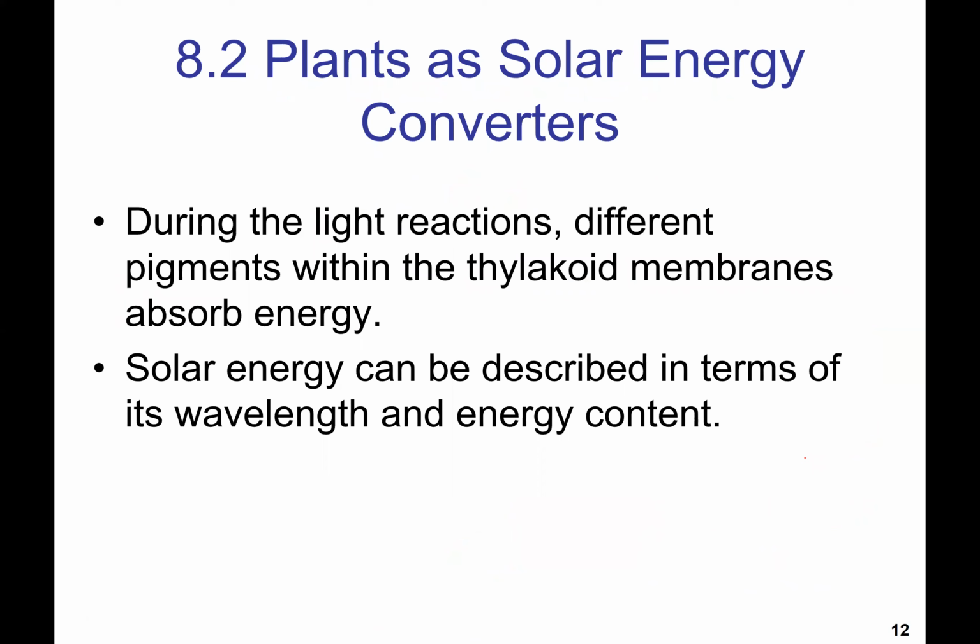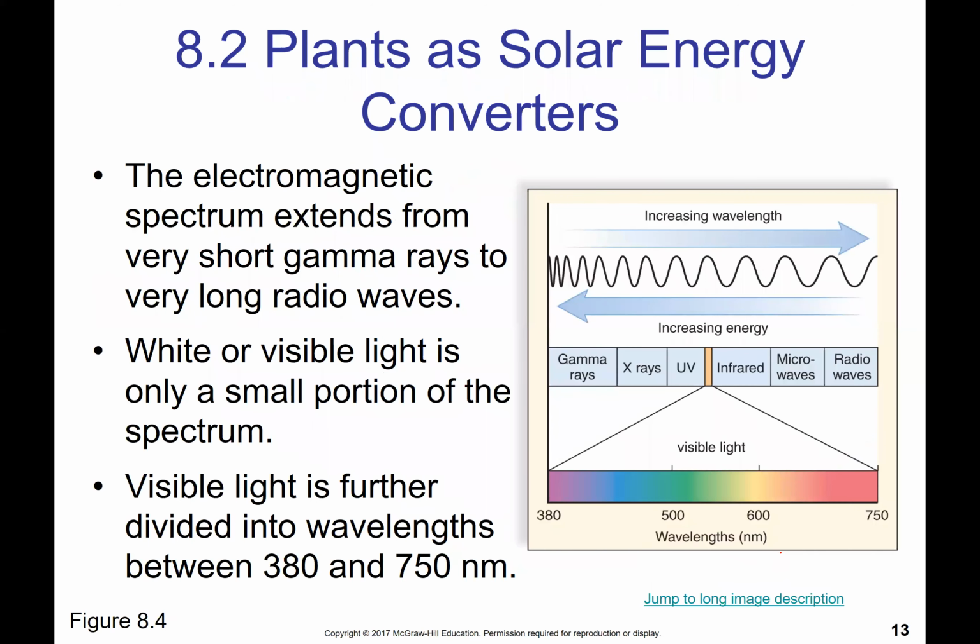During the light reactions, different pigments within the thylakoid membranes are going to absorb energy, and solar energy can be described in terms of wavelength, and the wavelength is going to tell us how much energy it has, okay? So the shorter the wavelength, the higher the energy.